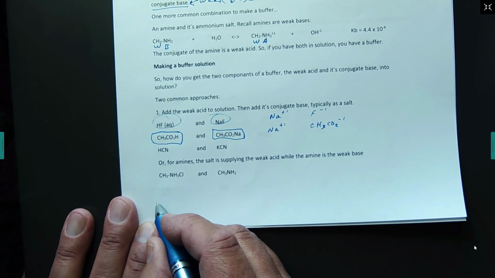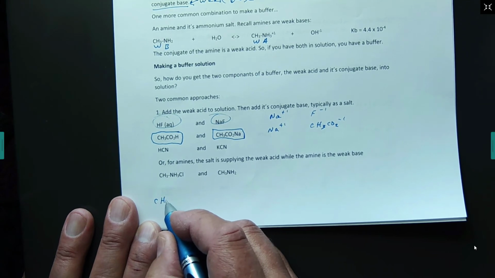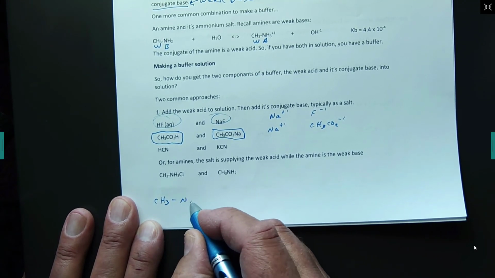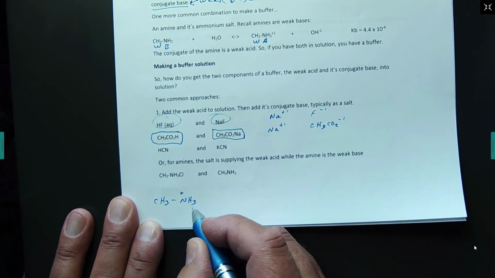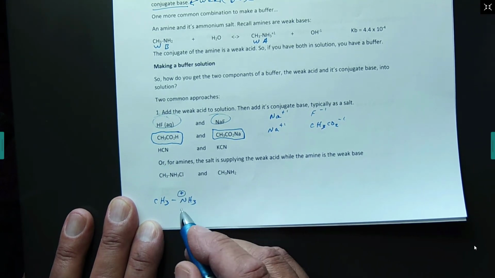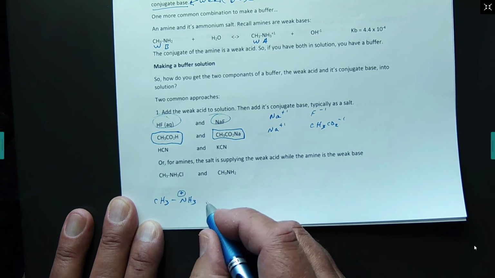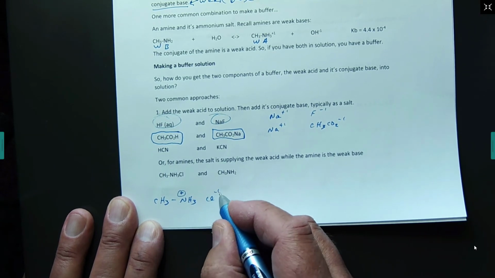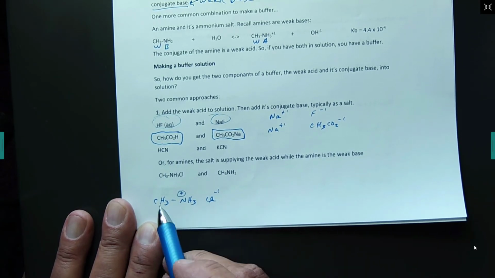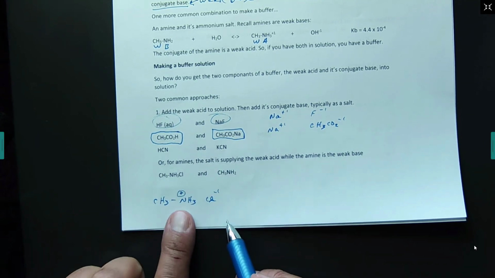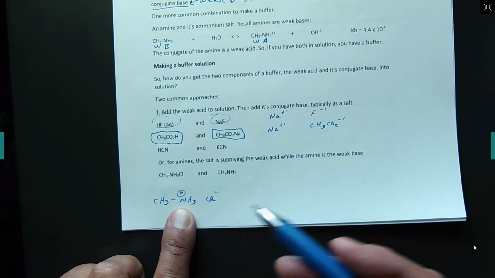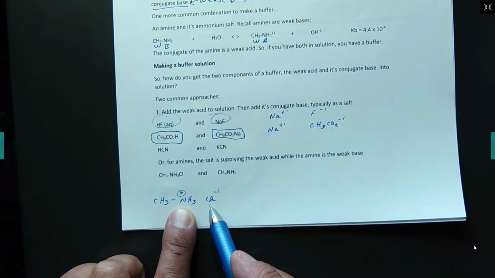What this represents is CH3NH3, and there's going to be a positive charge on that nitrogen, negative charge on the chloride. Hey, it's a salt. So an amine that's reacted with hydrochloric acid gives you a salt.